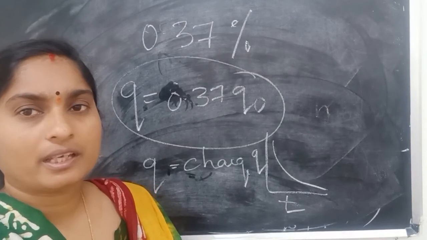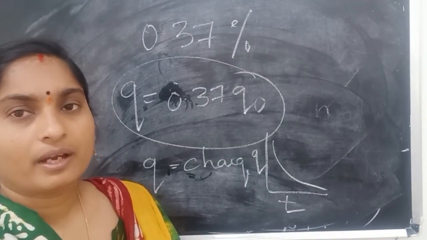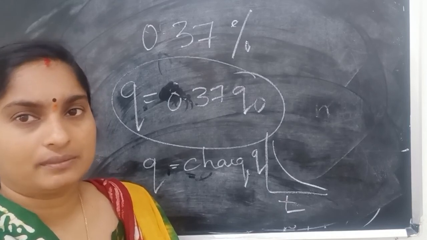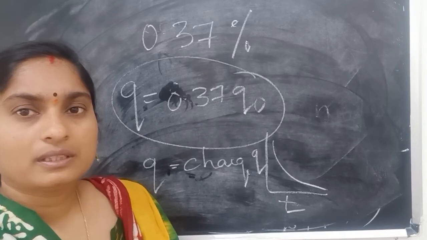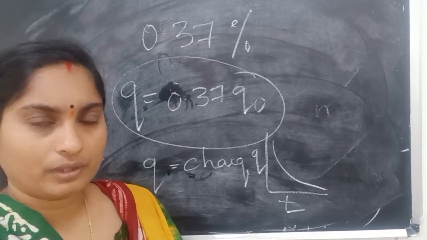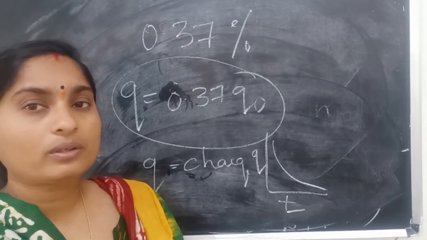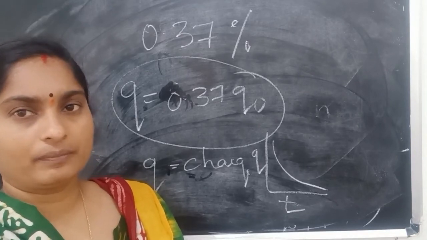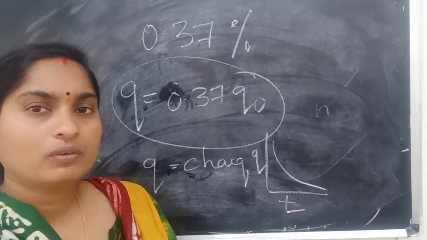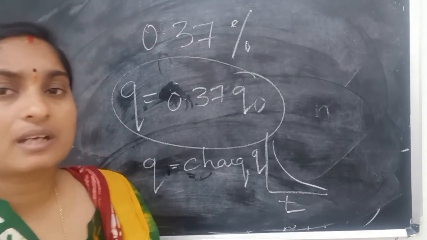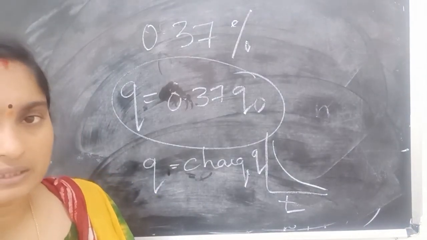Time constant is a product of resistor R and capacitor C. Right? Now we have learned theoretically how the circuit will be and how time will be calculated. In the next video you will be learning about the RC time constant practically.